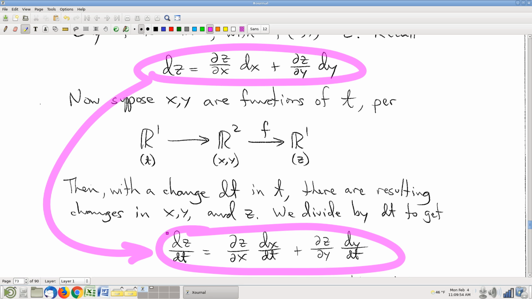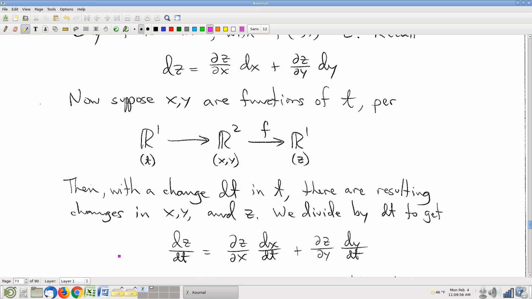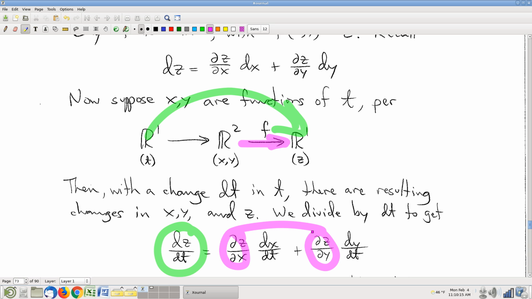Nothing to it. What this says is I can understand the derivative of the composition. The derivative of the composition is dz dt, and I can understand that in terms of the partials of f, and then the derivatives of x and y with respect to t.